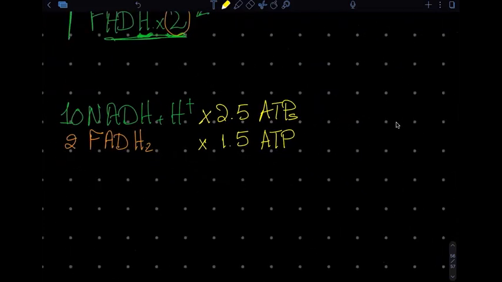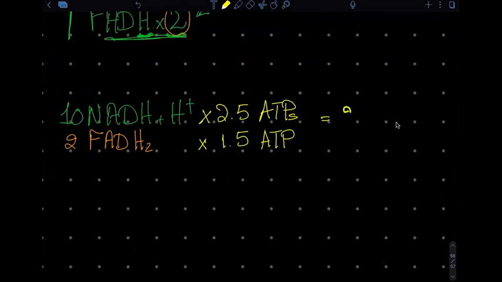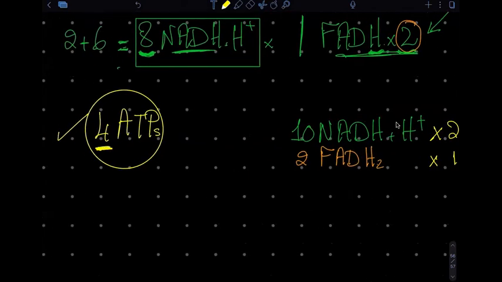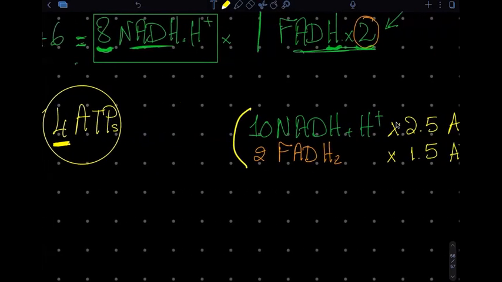So 10 times 2.5 equals 25. And 2 times 1.5 equals 3. And how many net ATPs did I produce from the glycolysis and the Krebs cycle before the electron transport chain, before I break down the hydrogen from their hydrogen carriers?